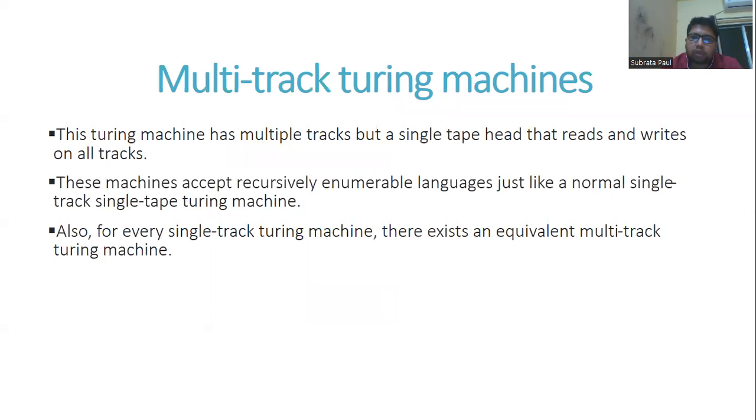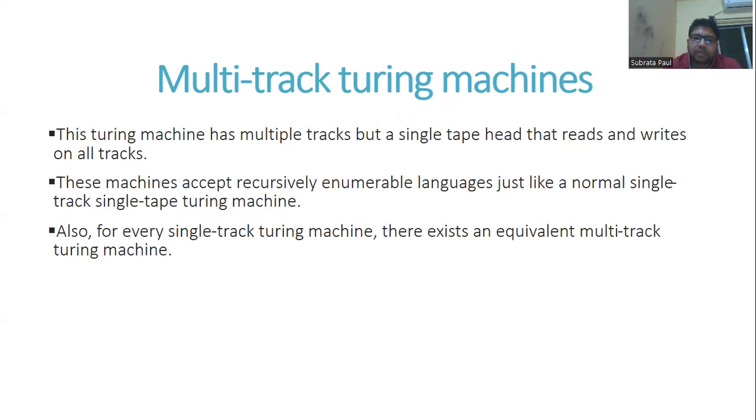Now we will move on to the next one, the multi-track Turing machine. A Turing machine that has multiple tracks but a single tape head that reads and writes on all tracks is called a multi-track Turing machine. These machines accept recursively enumerable languages just like single track Turing machines.